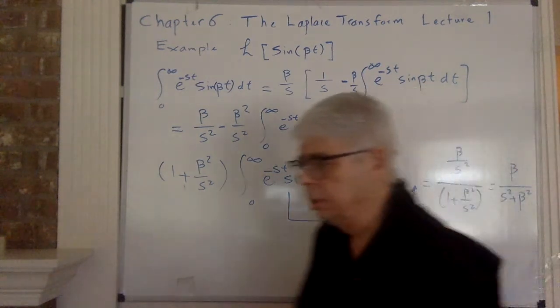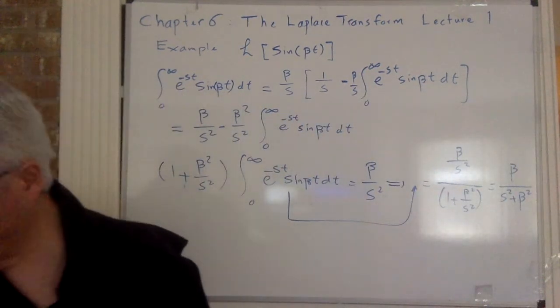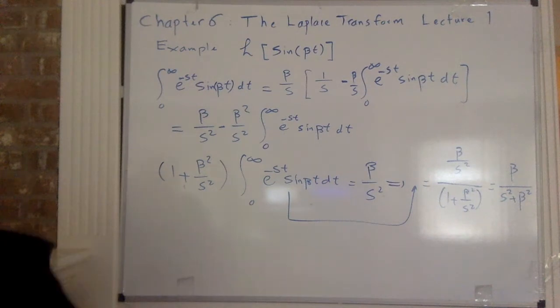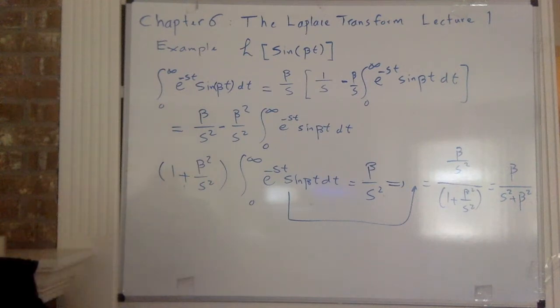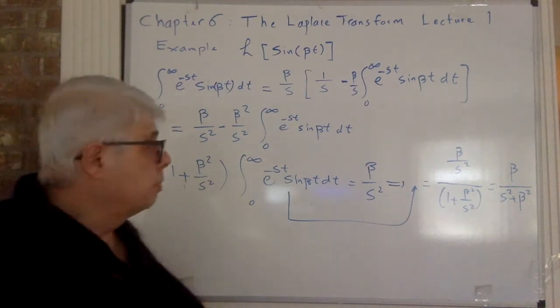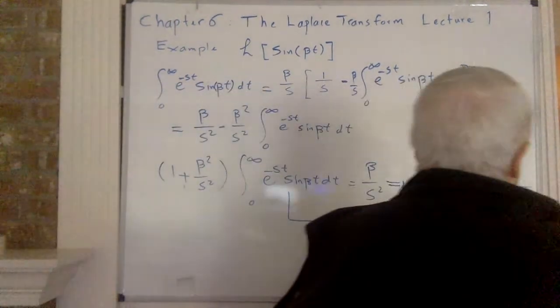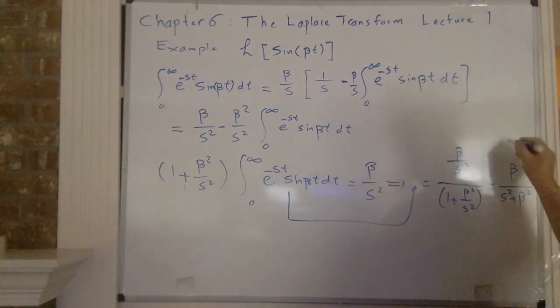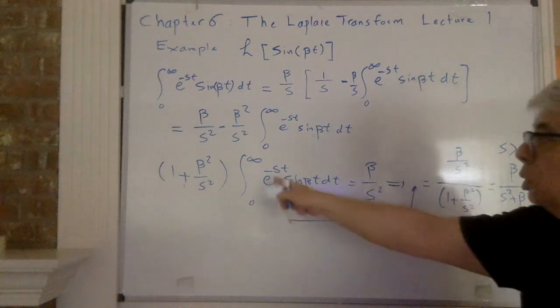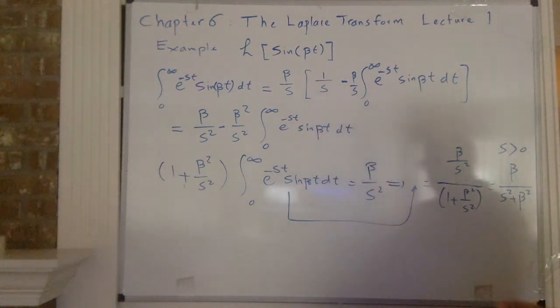Let me then check. I can't find that table. There's a table in your book which you should use anyway. Sine, yeah, that's correct. And we assume that s is bigger than 0. Otherwise, this wouldn't give me 0 when applying infinity.